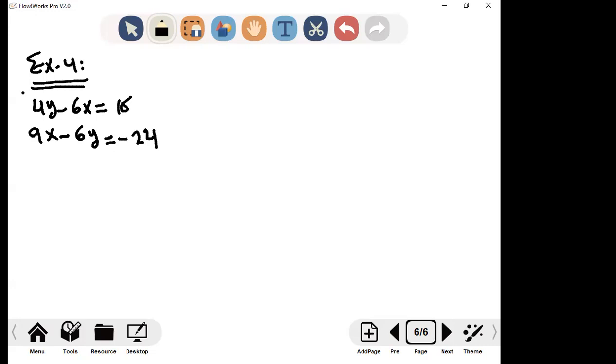Same idea. The question wants us to know how many solutions and the type of them: consistent, dependent, inconsistent, or independent.